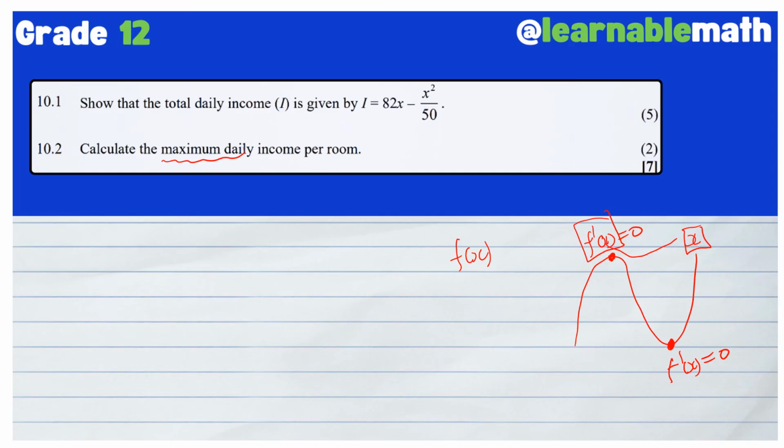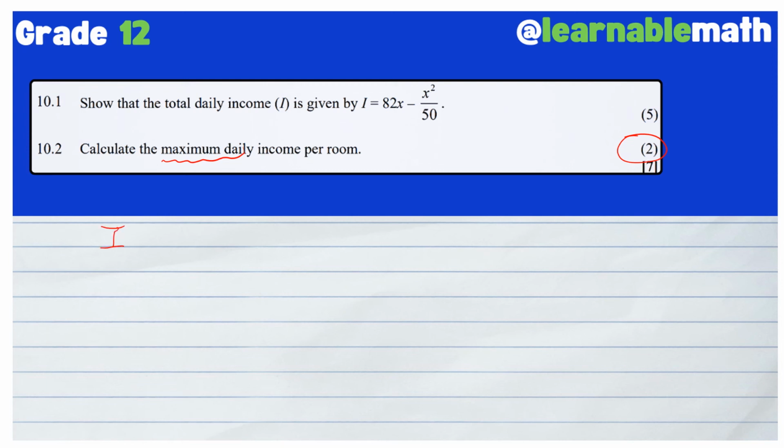Okay, so likely we have already generated an equation, right? Even if you were not able to generate this equation in 10.1, you can see that this is 2 marks, you can easily get it because you have the expression already. The expression of income in terms of x, which is 82x minus x squared divided by 50.